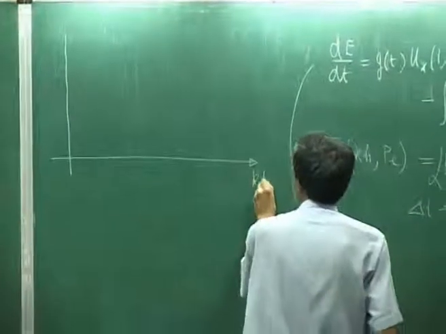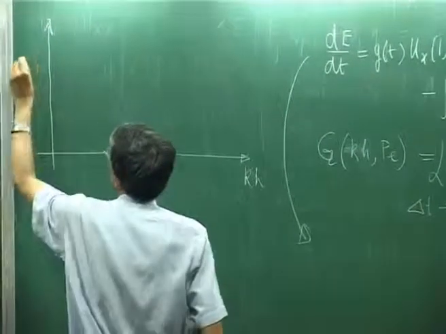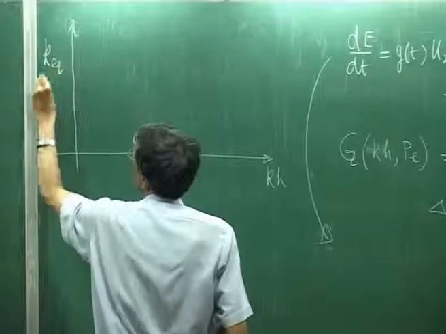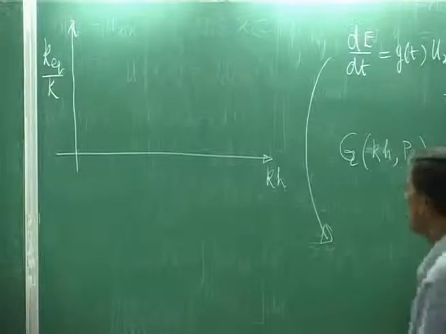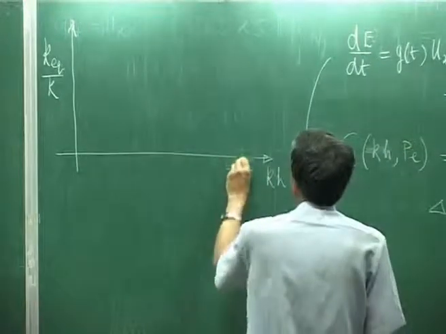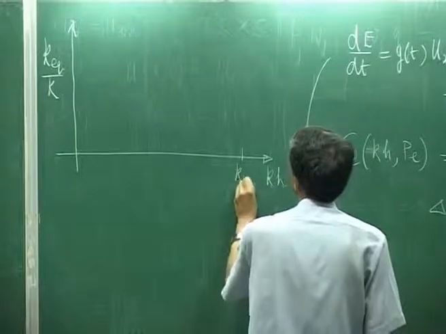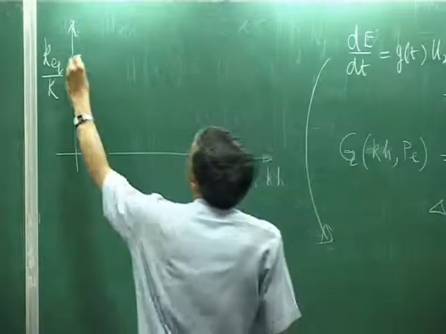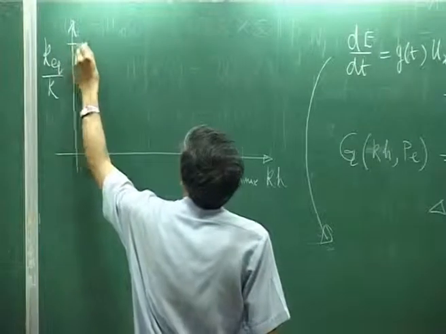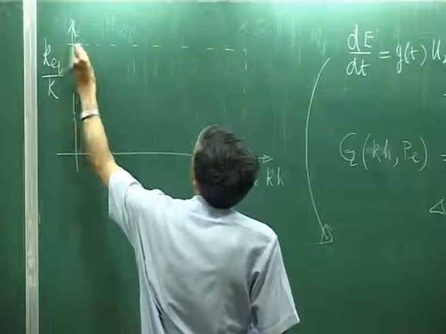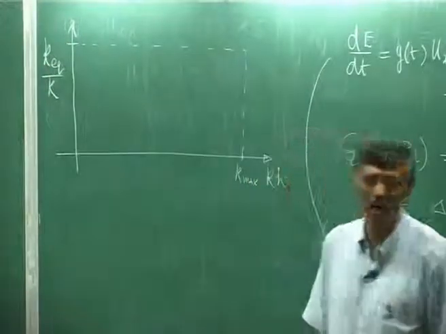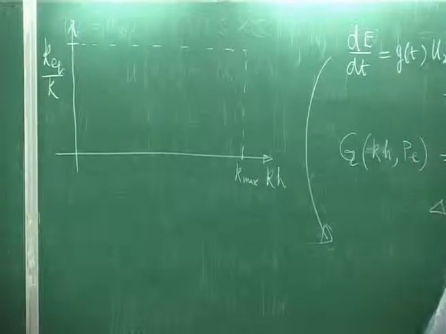We found out that the effectiveness of those discretizations was written like this, K equivalent by K, which, let us say, this is my K max, which shows that given a choice of a method, I actually do not keep this equal to 1. This is what we want it to be 1, right, because we do not want any loss of information. K equivalent should be equal to K.